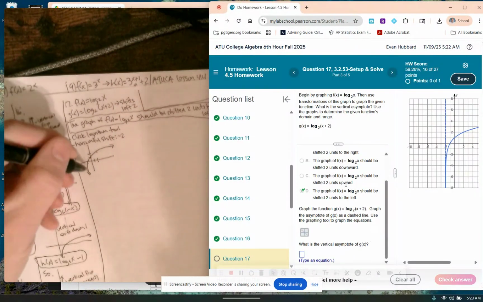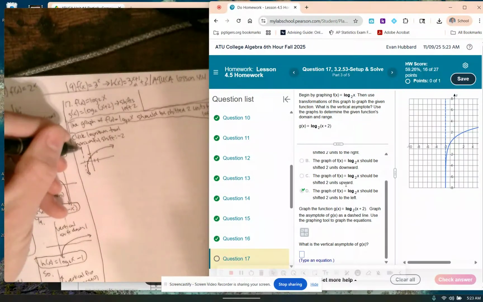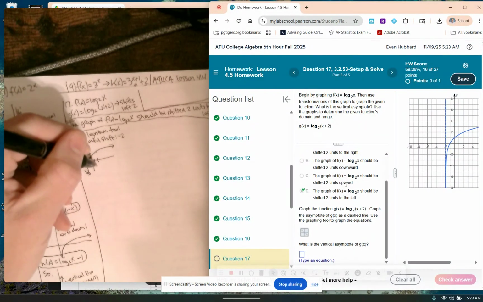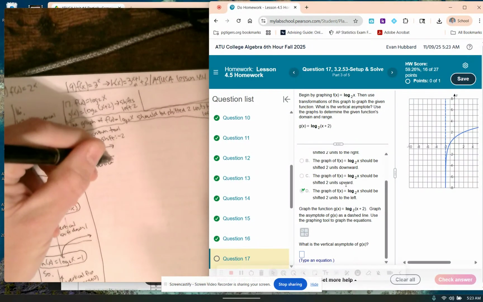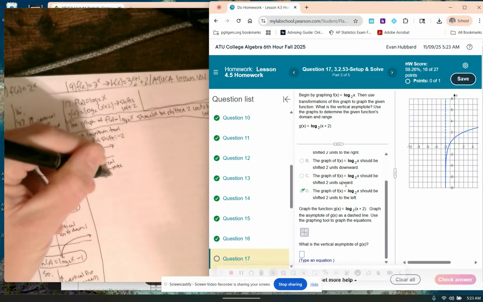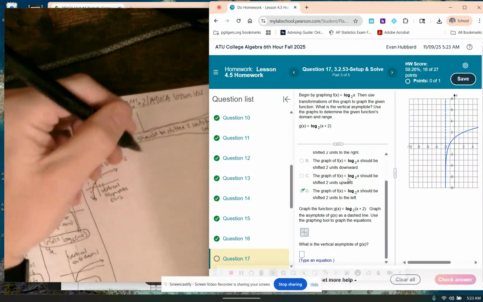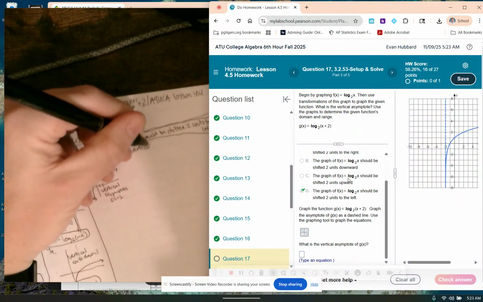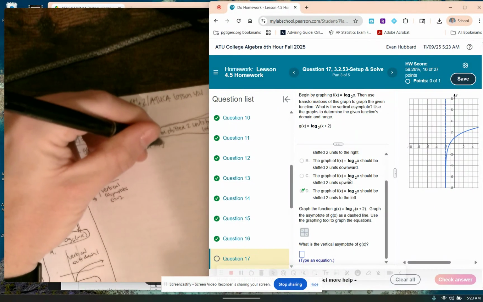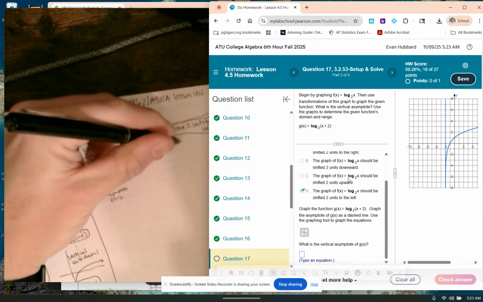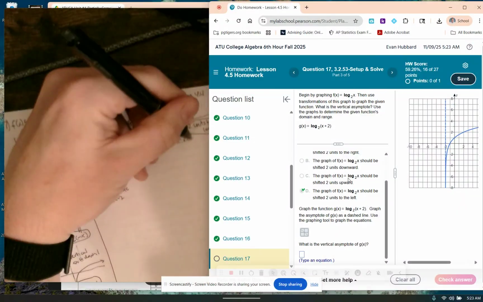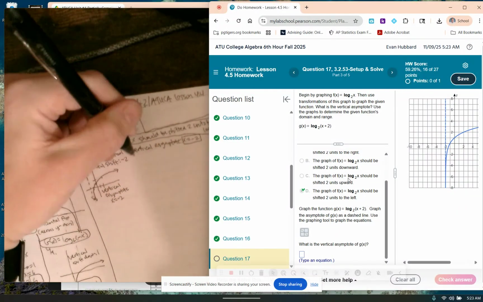So there's a vertical asymptote, x equals negative 2. Okay, so with g of x, the vertical asymptote is x equals negative 2. Okay.